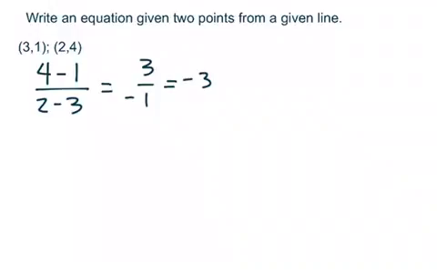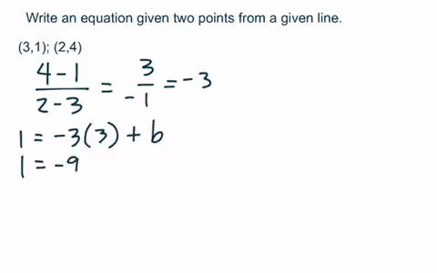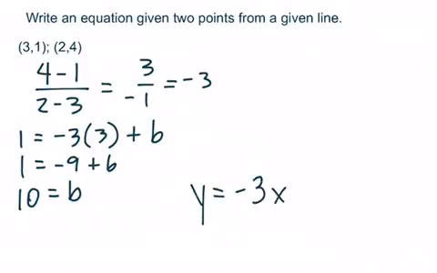No, it doesn't matter which one. So just go with the first one here. We got 3, 1. And solve the equation. Now we have our y-intercept, which is 10. Our equation is y is equal to -3x plus 10.